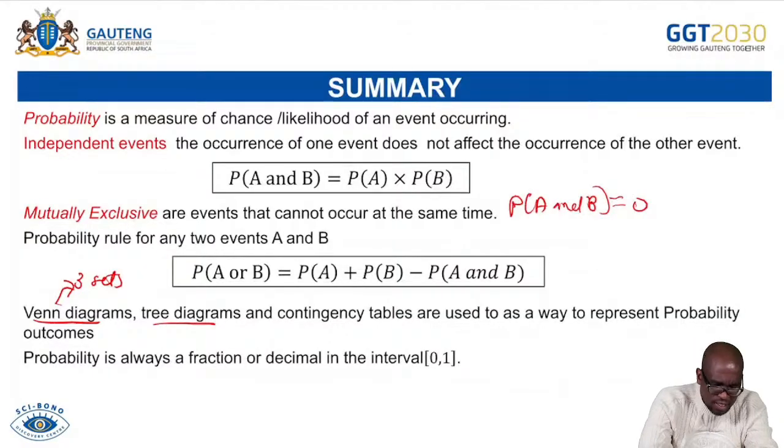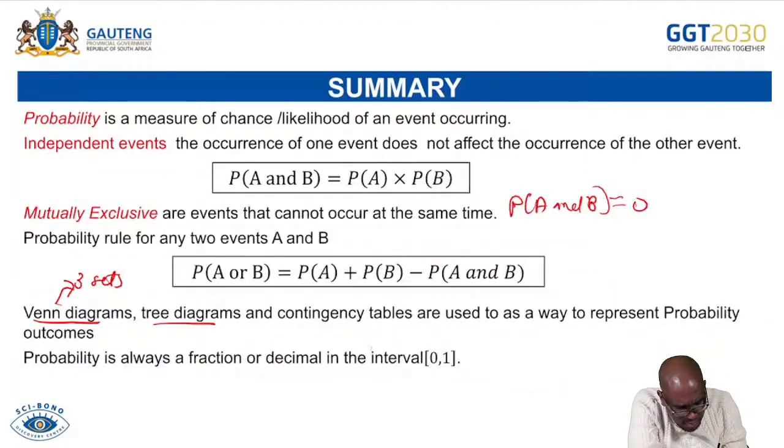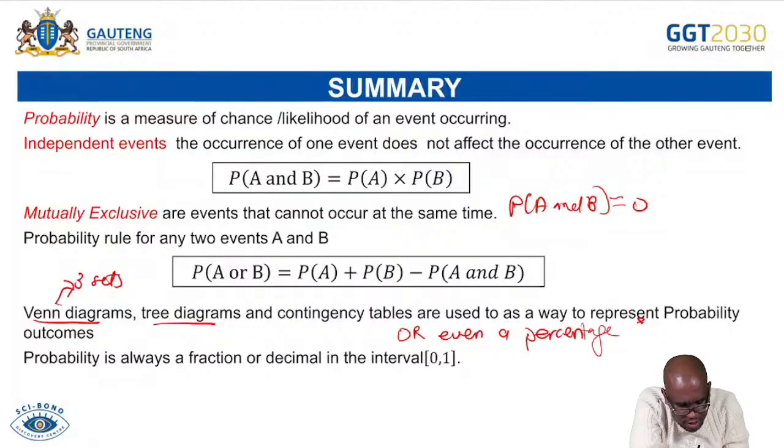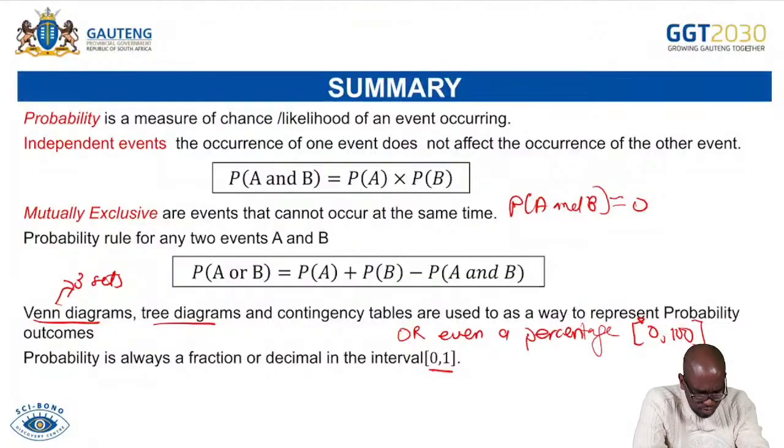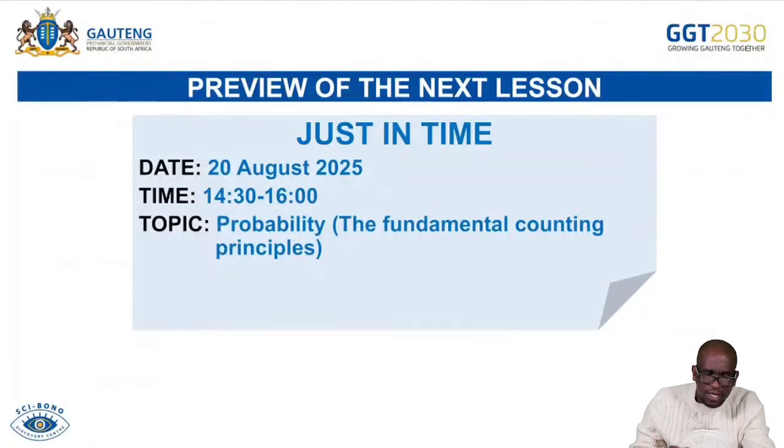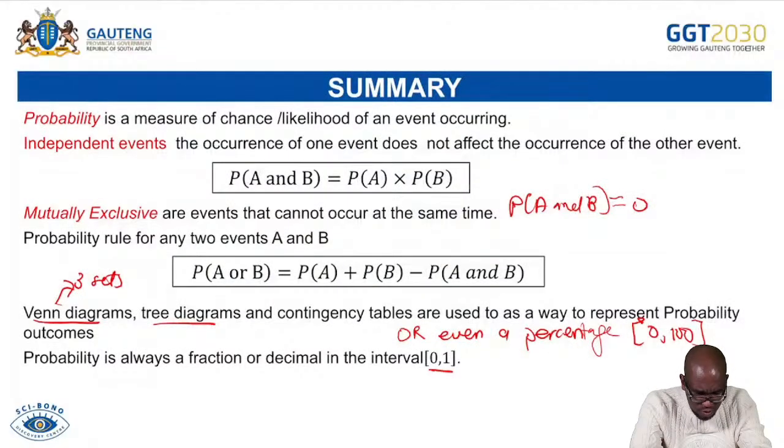We said probability is expressible as a fraction, a decimal, or even a percentage. If it's a percentage, it is between 0 and 100%. If it is a decimal, it should be between 0 and 1. That's what we have there.